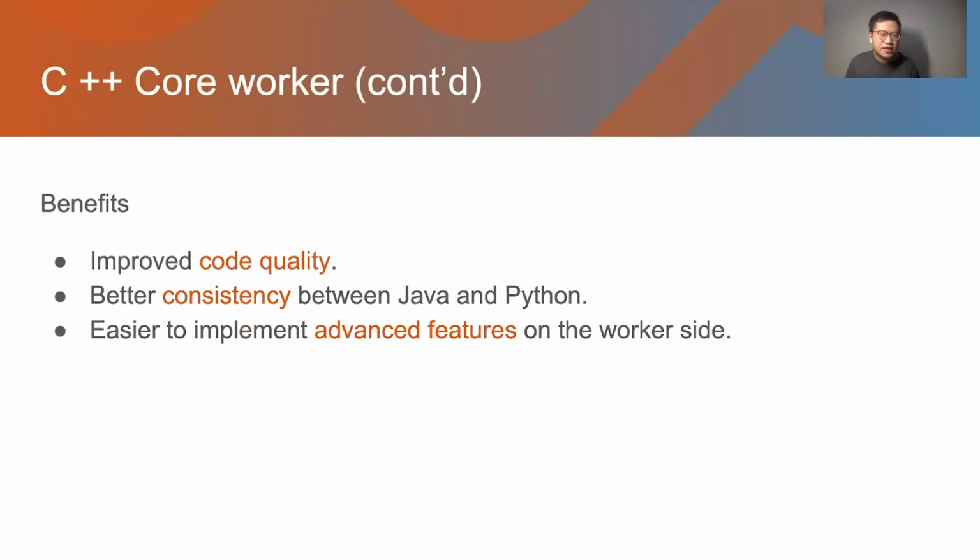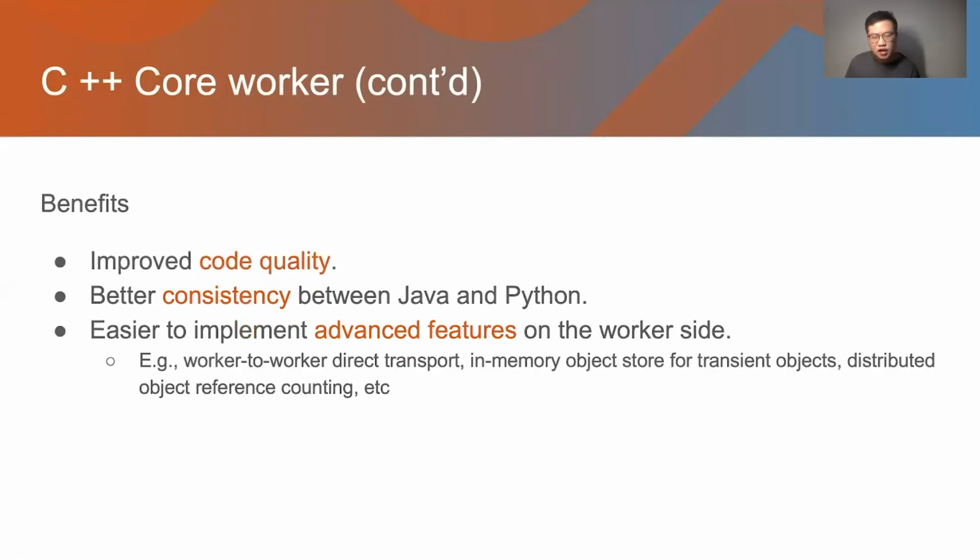If you take a look at today's code base, you will find a lot of complex features are implemented in the core worker. For example, we implemented the worker-to-worker direct transport in order to improve the performance. And we implemented an in-memory object store in order to reduce the overheads of the distributed object store.